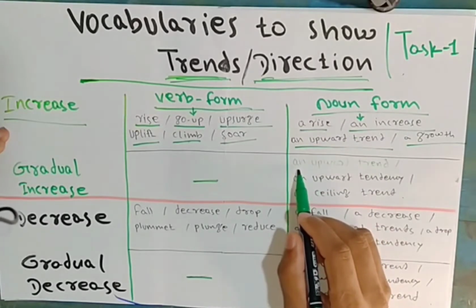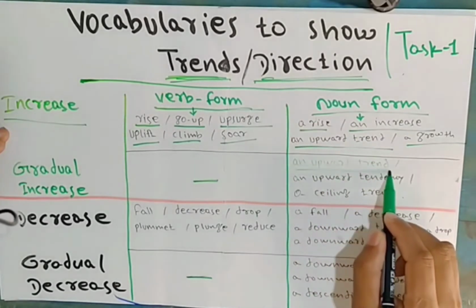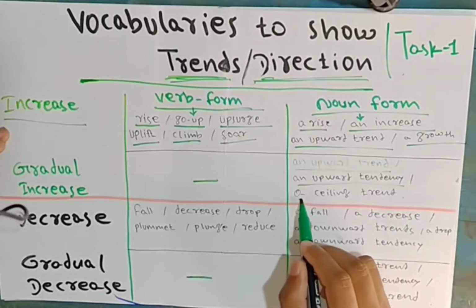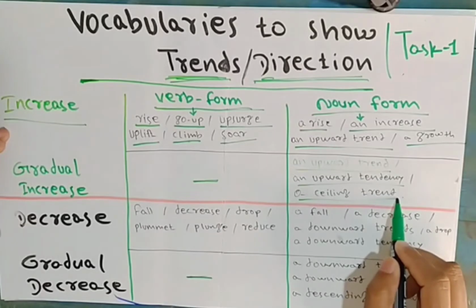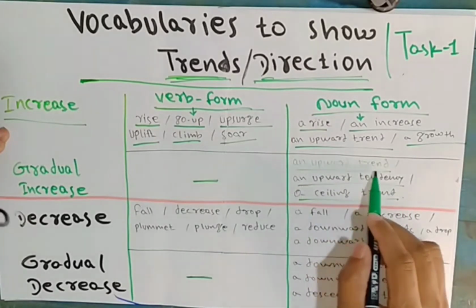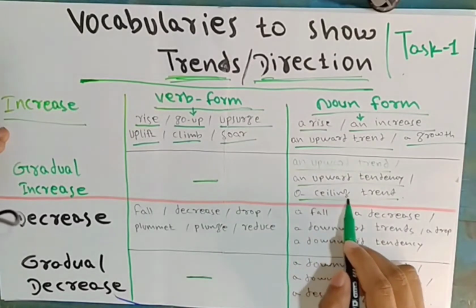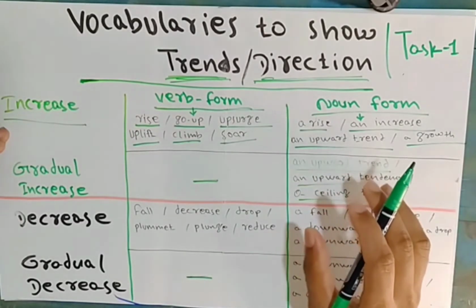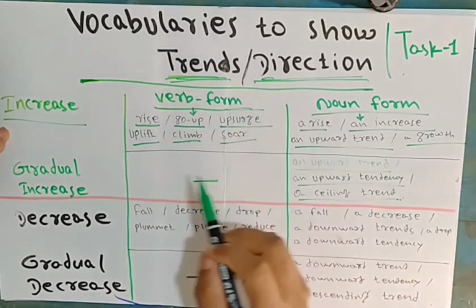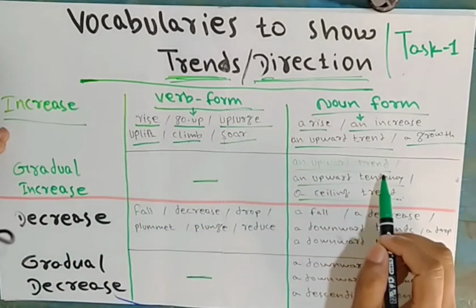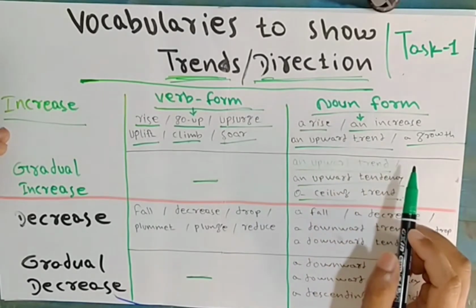For example, an upward trend, an upward tendency, a climbing trend. These words are going to help you write instead of gradual increase, but in the noun position. Remember, in the noun position, right?